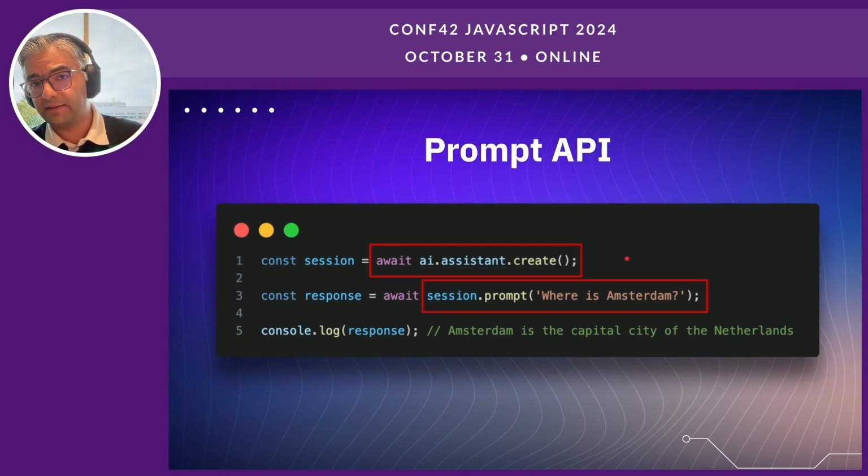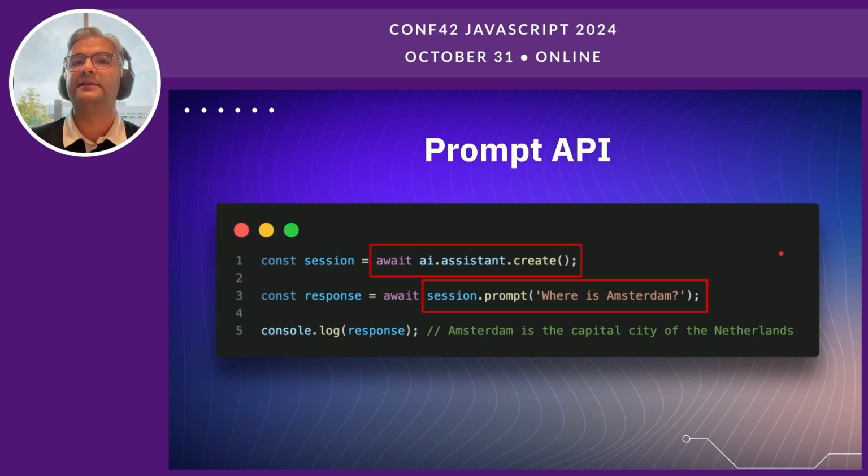Next step is prompting. As you see, with the session that I created, I called .prompt and then the text of my question, actually my prompt. So where's Amsterdam in this case? Do you remember that in the other diagram I showed you, the answer is Netherlands?